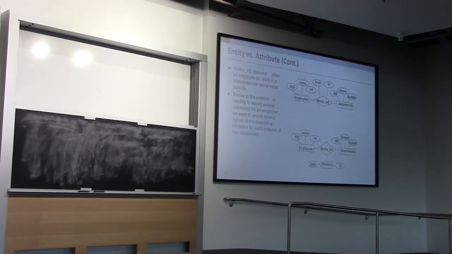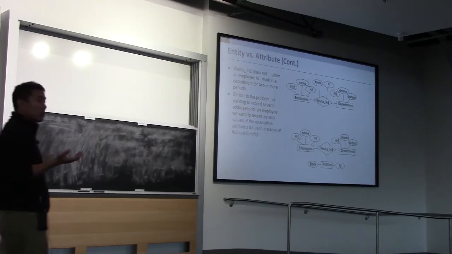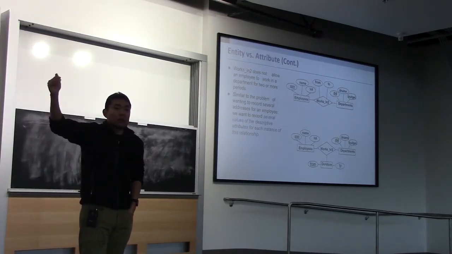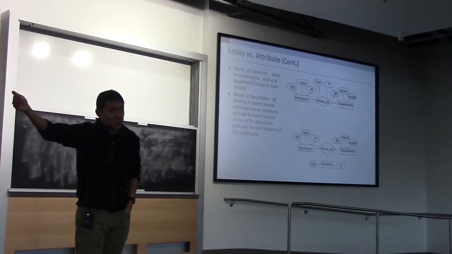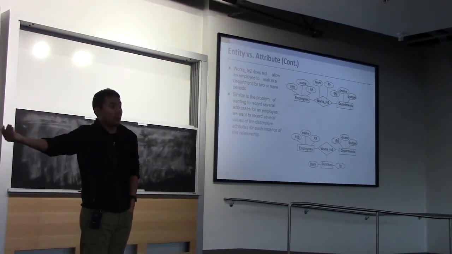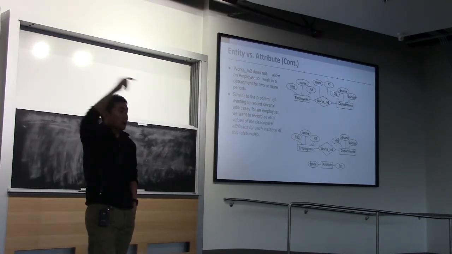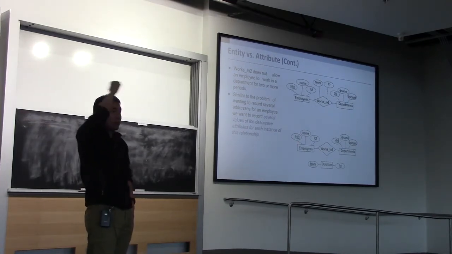So what is an implicit constraint of that design on top? Or let me ask you another way. Can the same employee work for the same department more than once over different periods of time? Using that first design, you said no. Can you explain why?